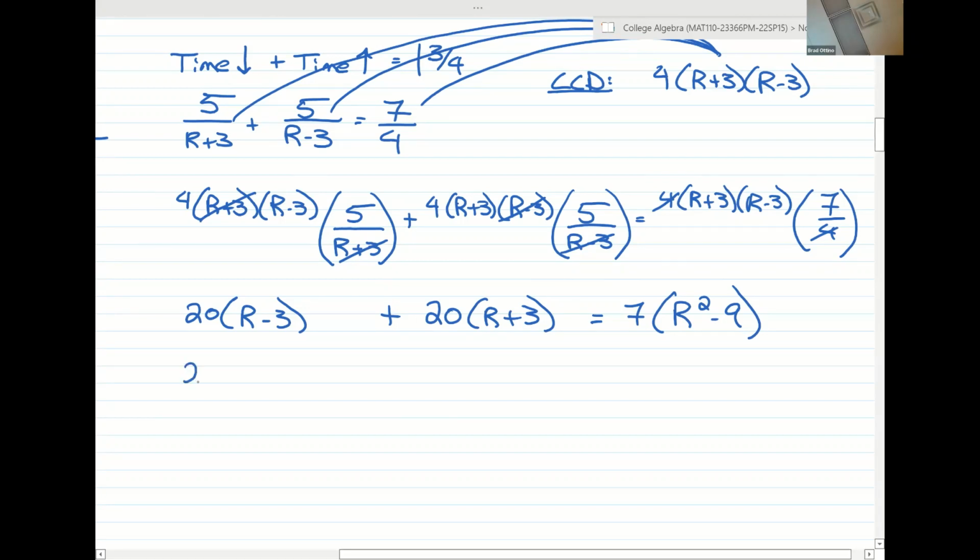Multiplying this out, we get 20r minus 60 plus 20r plus 60 equal to 7r squared minus 63.